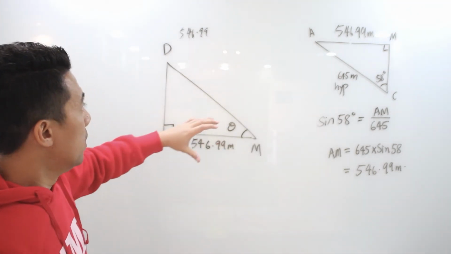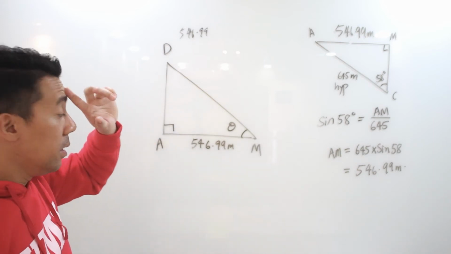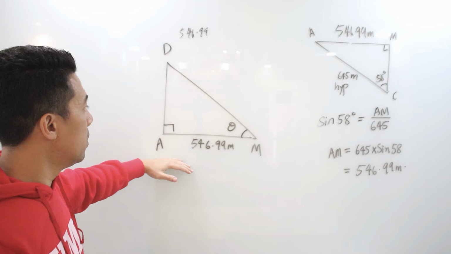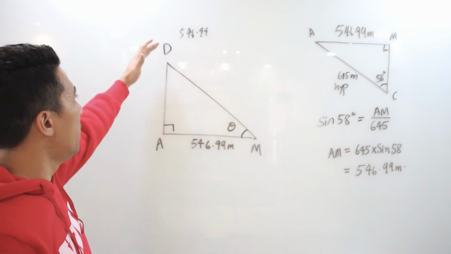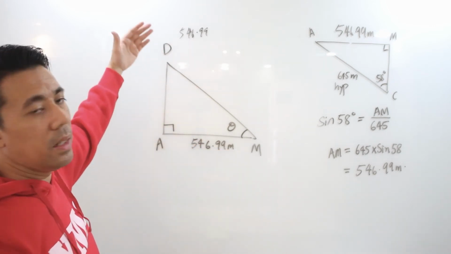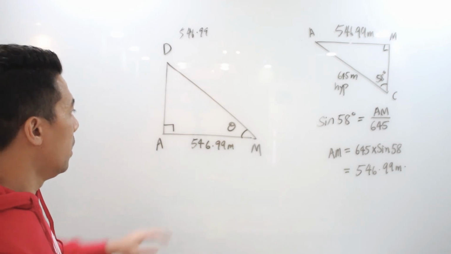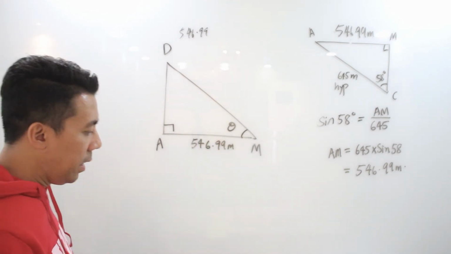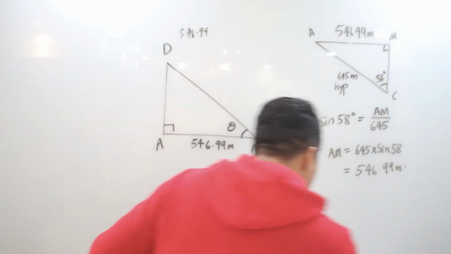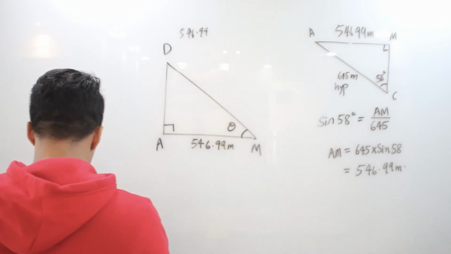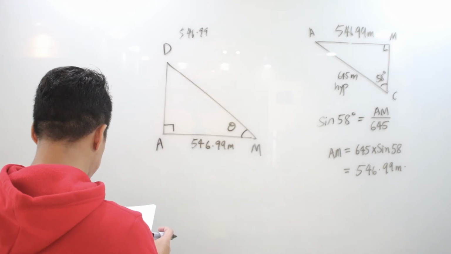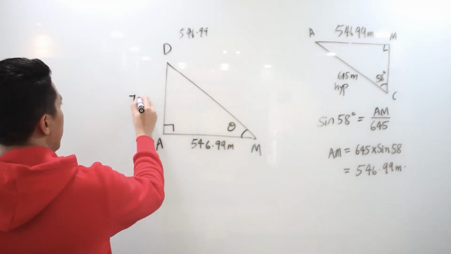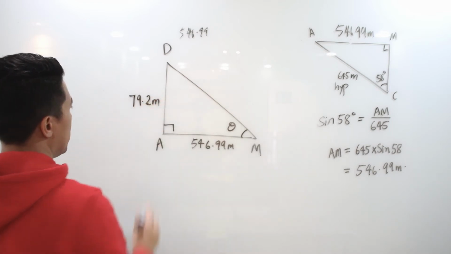Again, this is a right angle triangle with AM on the horizontal ground at sea level, and D is a point vertically above A. Therefore, if I want to find this angle, and I already know the height of AD, in our earlier working, AD is 79.2 meters.